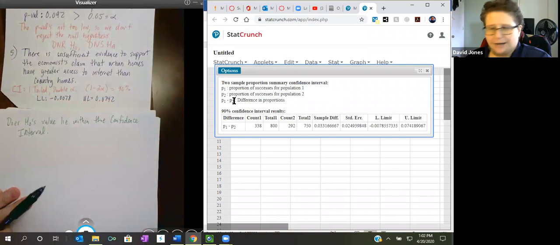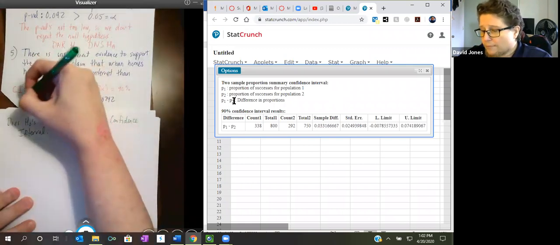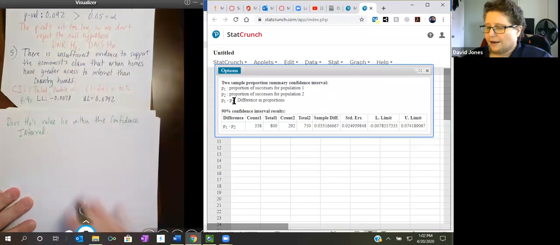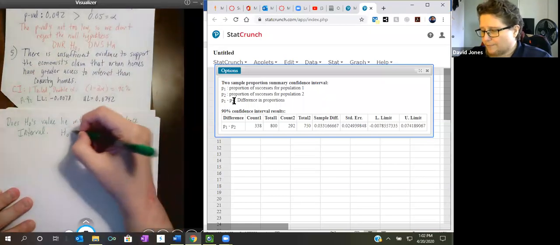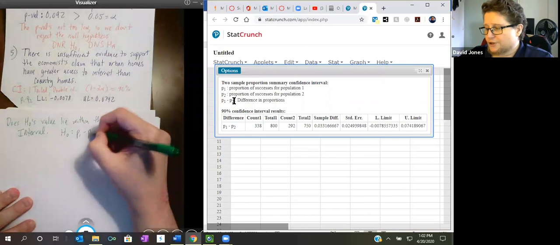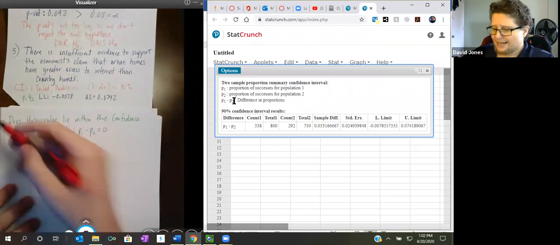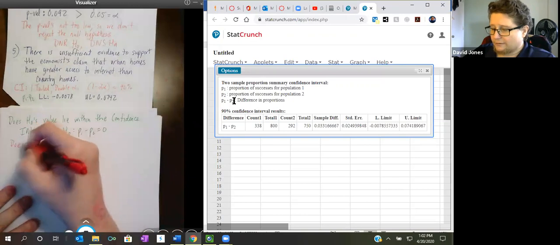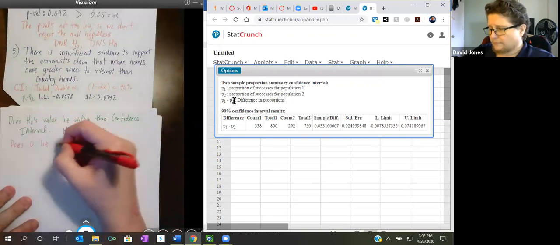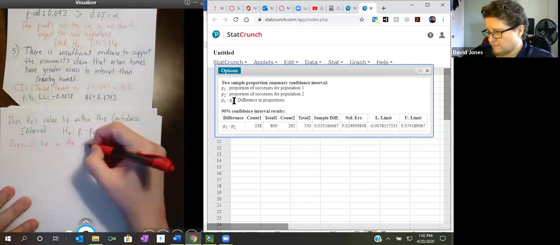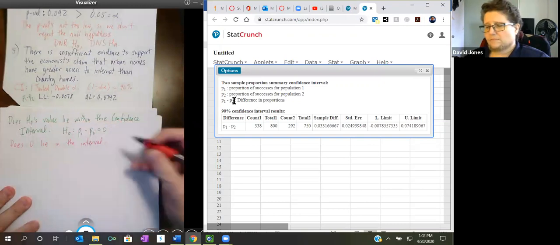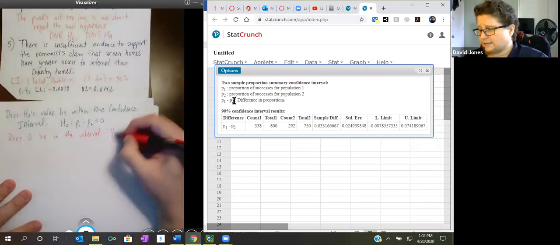They're showing you the values for P1 minus P2. H0, P1 minus P2 was 0. So, does 0 lie in the interval? Yes, it does.